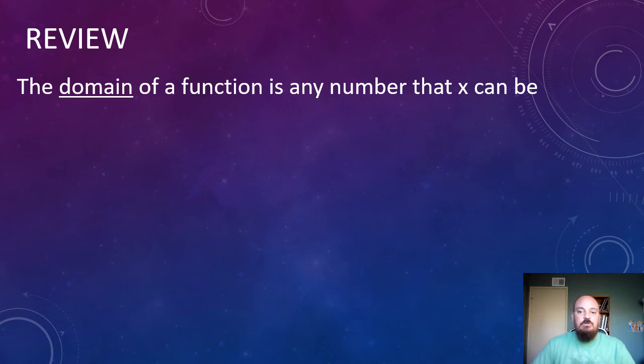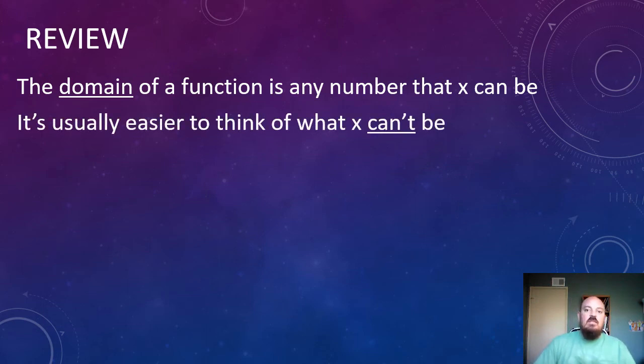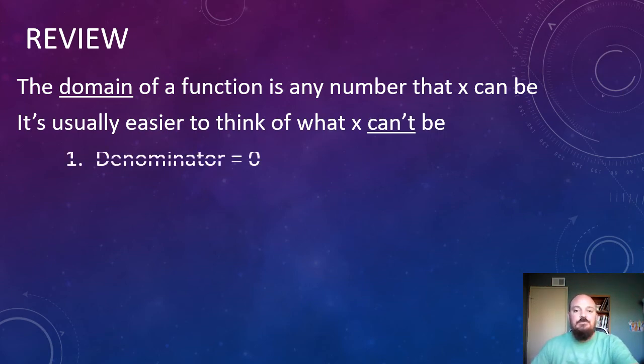And in fact, I'm going to do the same review on domain, because you have to do domain to figure out which points to test on this. For domain, you're looking for the numbers that x cannot be, what makes the function undefined. And then everything else is in the domain.